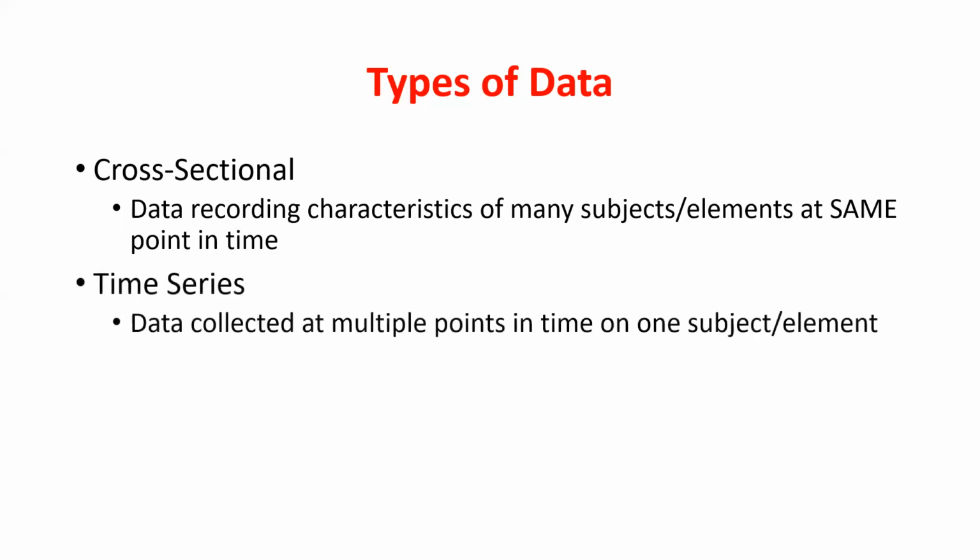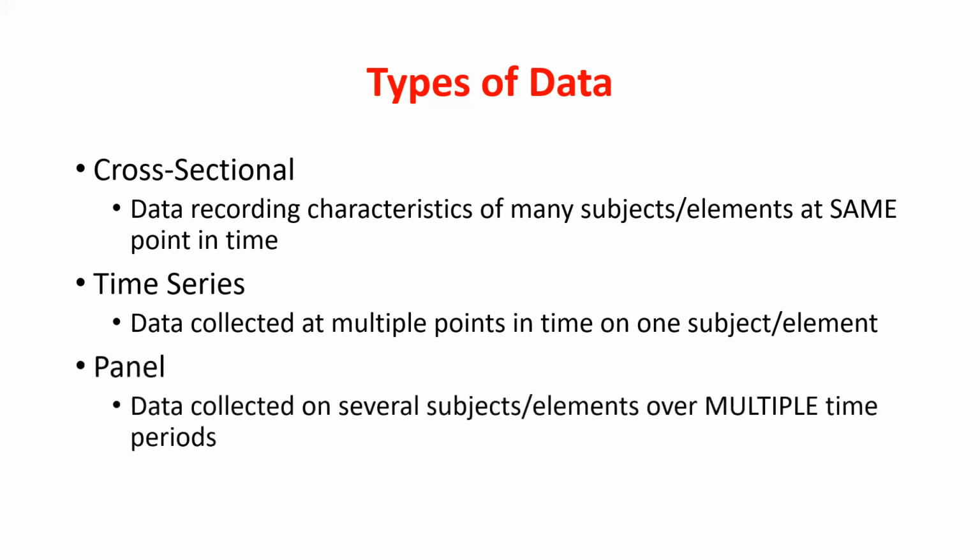We also have time series, which is when I collect data about one subject across multiple points in time. This would be like if I collected information on the US for the last 20 years, recording their unemployment rate. So I'd have 20 years of data across time, but only one subject, the United States.